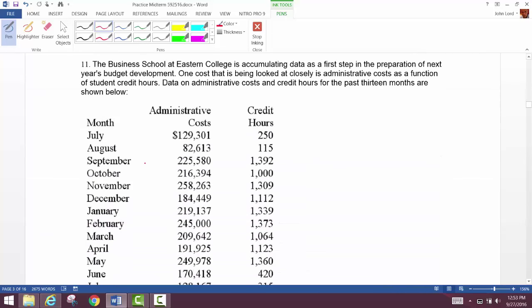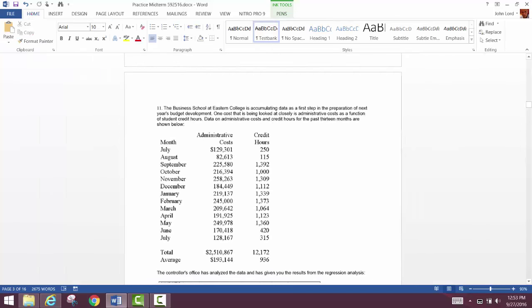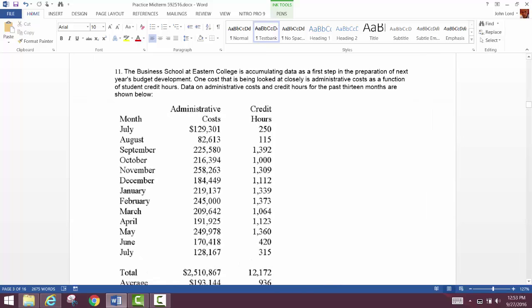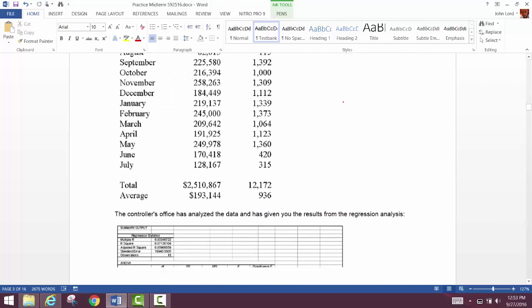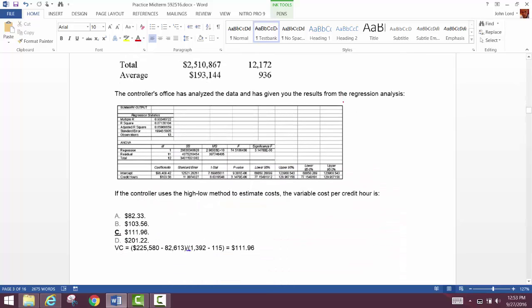Okay. Now you look at this one, and now we're giving you the cost versus the amount of hours that they're using. And the problem says using the high-low method, what is the variable cost?